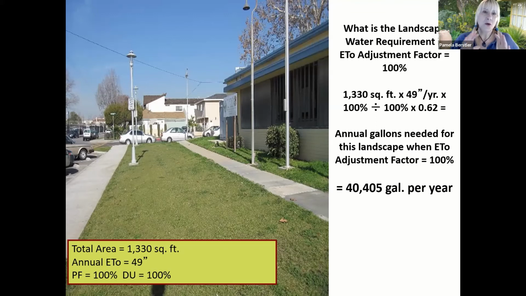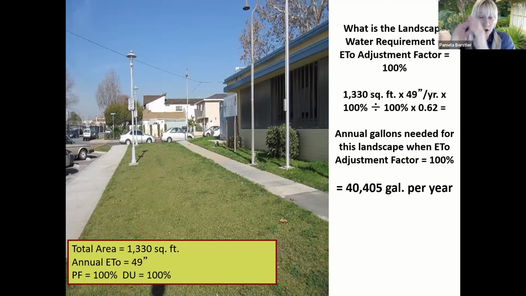Now, what have we really done here? We've taken the plant factor and the irrigation efficiency, and we've turned it into a budget adjustment factor for ETO. So we separated out plant factor. Here we're saying it's 100%, and we're dividing it by irrigation efficiency, which we say is 100%.